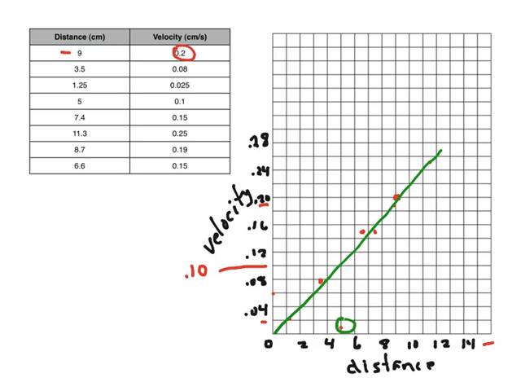So when you're plotting data, first thing, set up your scale so that you use as much of the graph as you can. Ideally, you want to go all the way to the edges, or at least pretty close. And then when you plot your points, you're either going to draw in a curve to connect the data points, or a line.